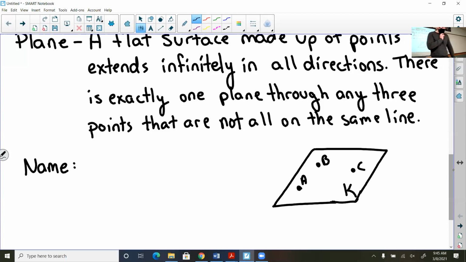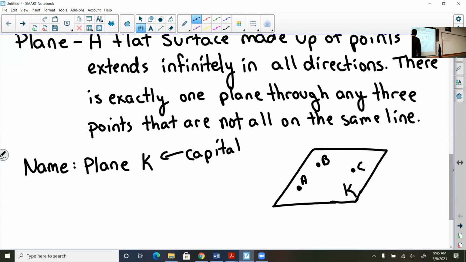So the ways that we can name it, we can just say that it is plane K. Again, that is a capital K, obviously. And the other part of the definition is that it's through 3 points.